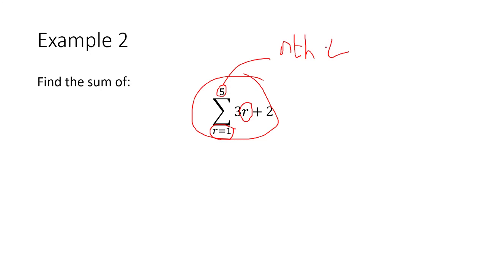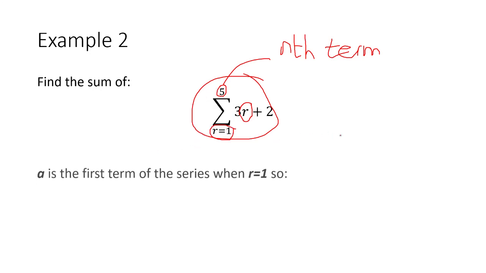So if n equals 5, there'll be a value associated with that. You can get confused between the nth term and the nth value, so remember that. So let's see what we do first.